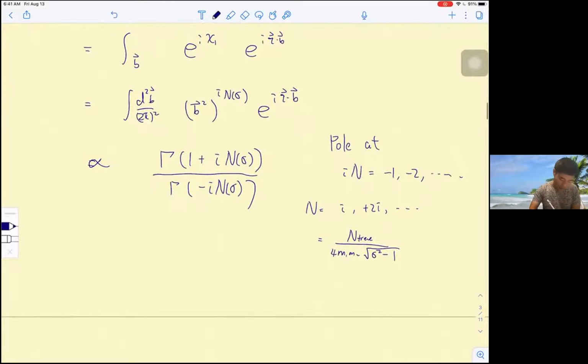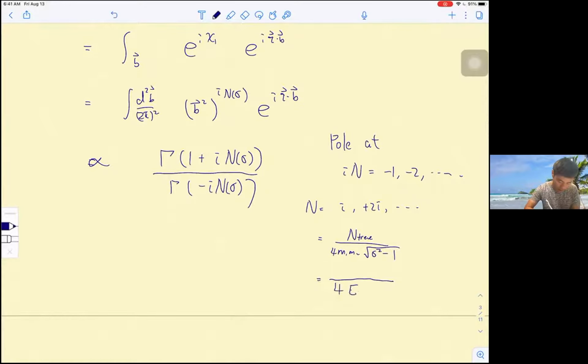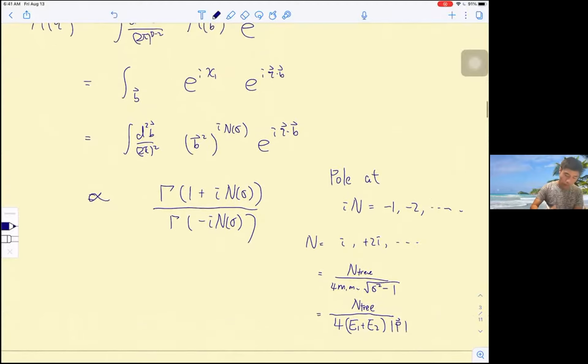So in the center of mass frame, it's more suggestive if I write the denominator as the following, where this p is the momentum at infinity.